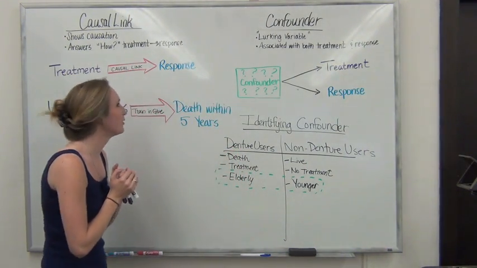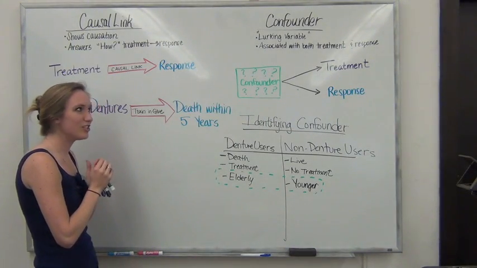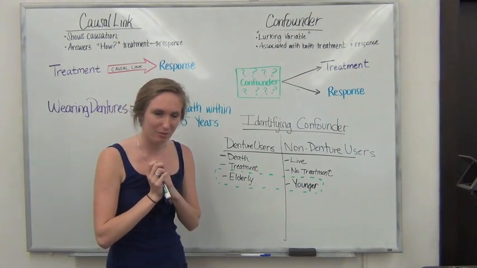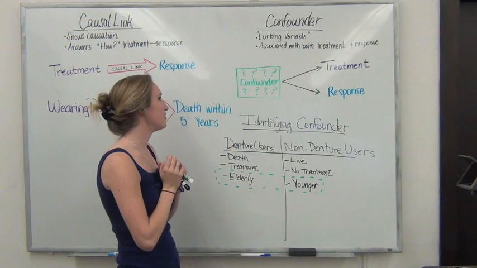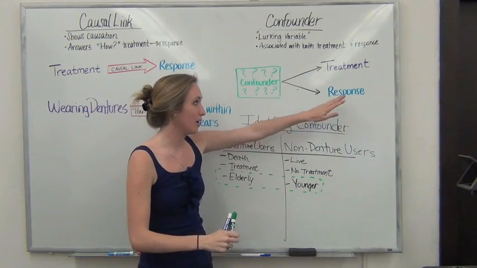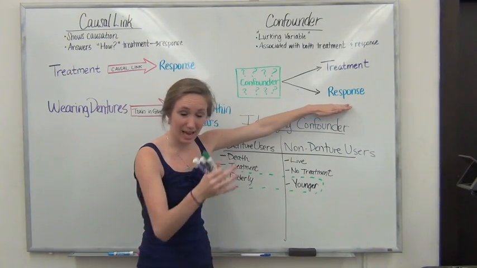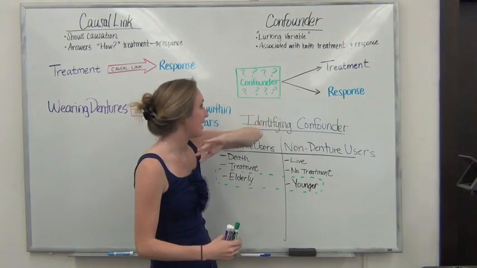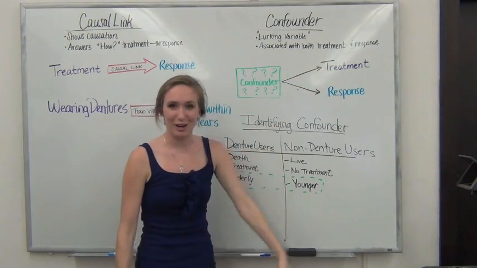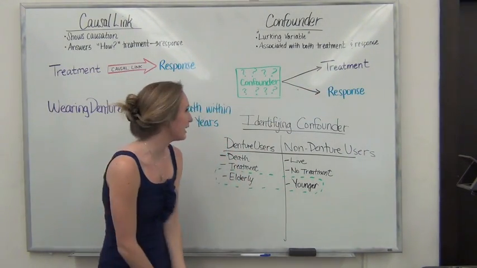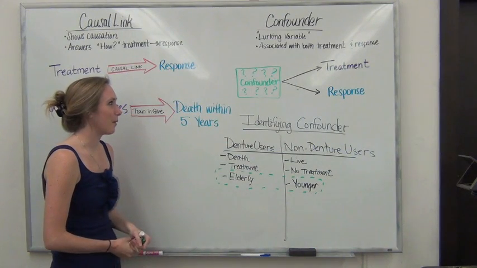It couldn't be just any old gene. So we would say here that genetics would be an unlikely confounder because the odds of the two genes responsible for early death and denture use or poor teeth being the same would be a long shot.